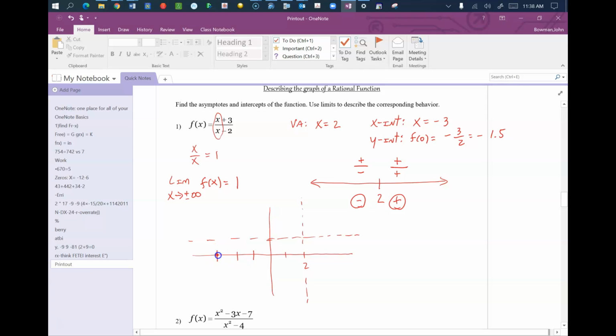Okay, a y-intercept of -3/2, so that's about right there. And we know that our function goes towards -infinity as we approach 2 from the left. We know our graph has to go through our y-intercept. Graphs always go through y-intercepts.